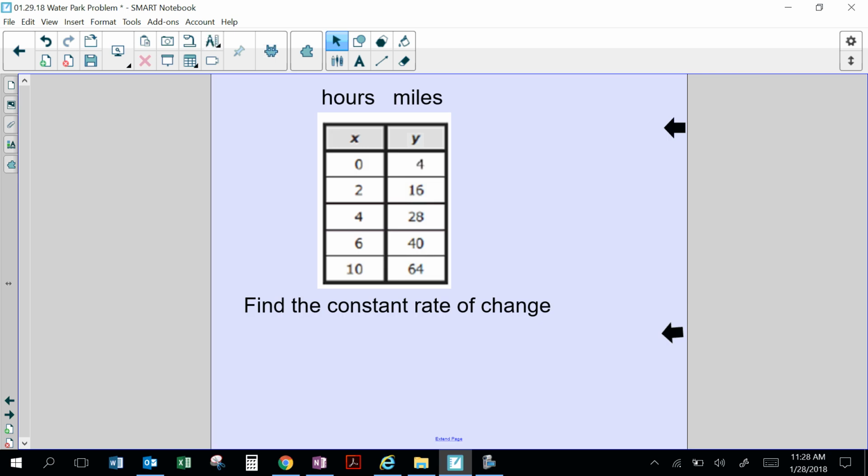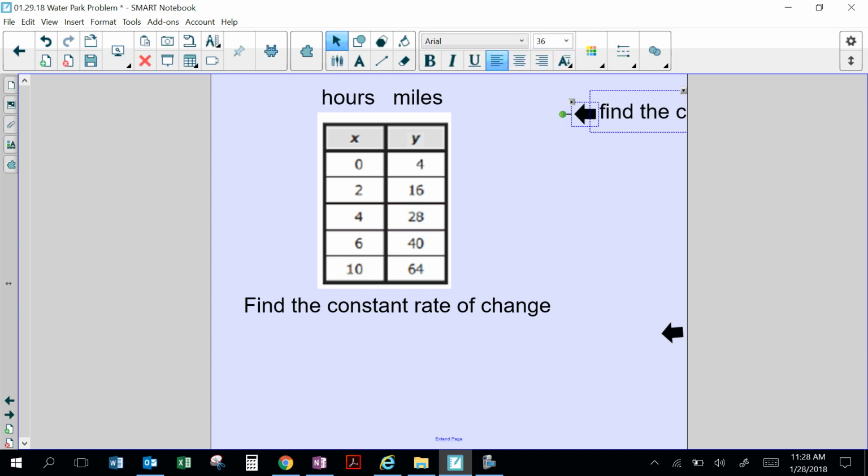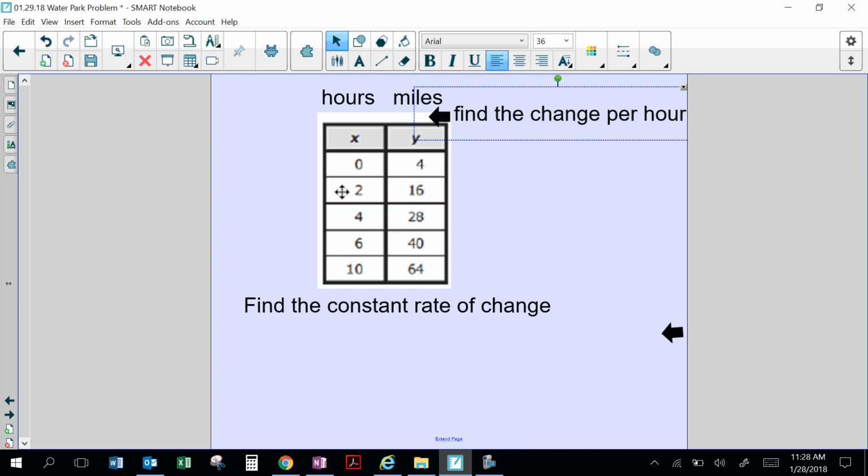And here's a last example. Find the constant rate of change. So these represent the hours. These represent the miles. How is it changing per hour?